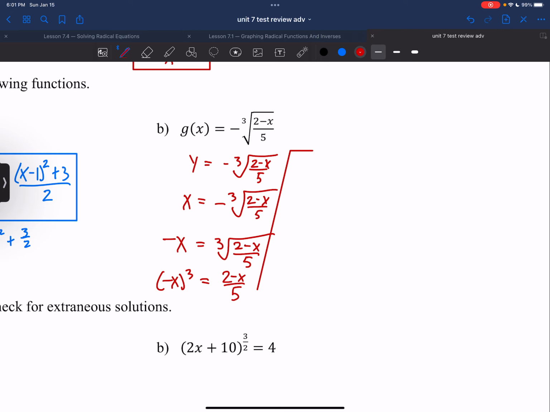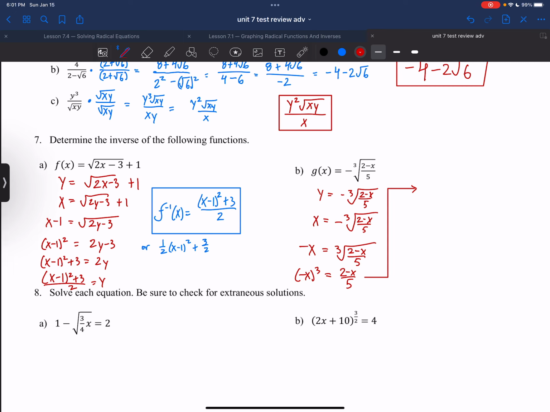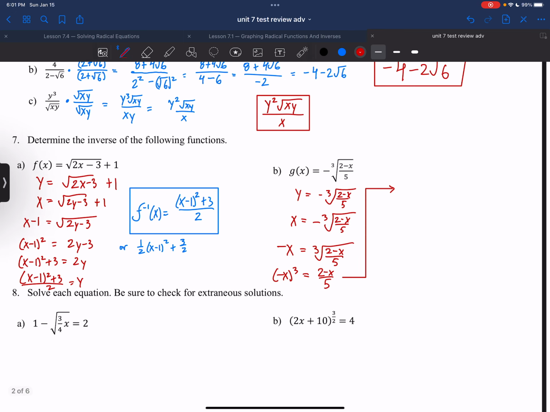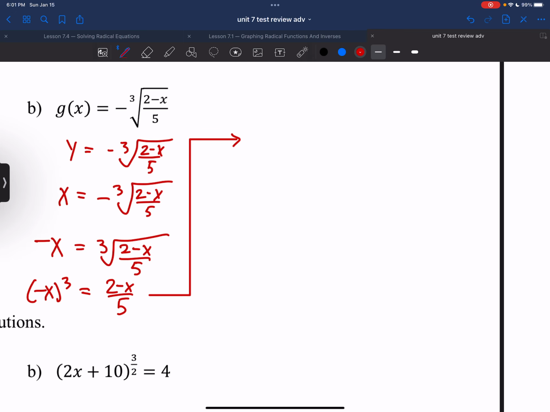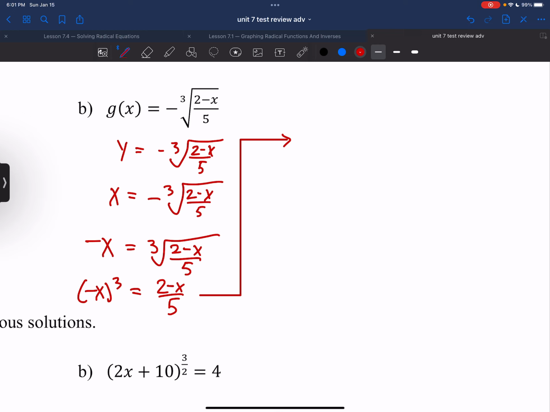And then move this over, like so. Oh, I guess I switched my colors. Oh well, maybe we'll just alternate every problem.